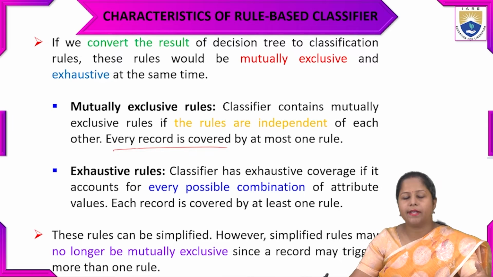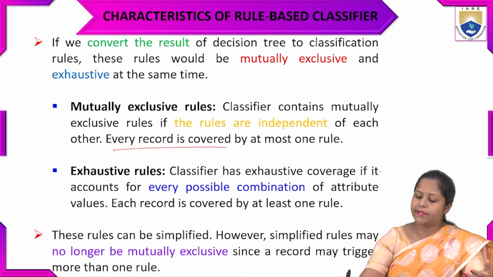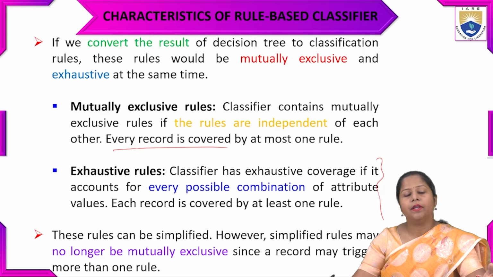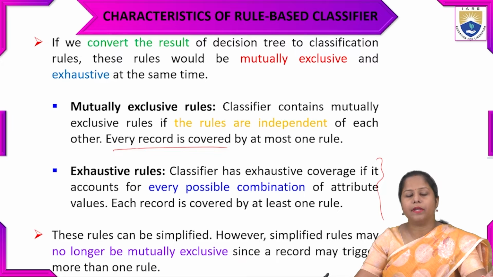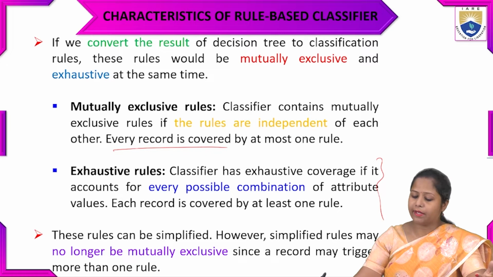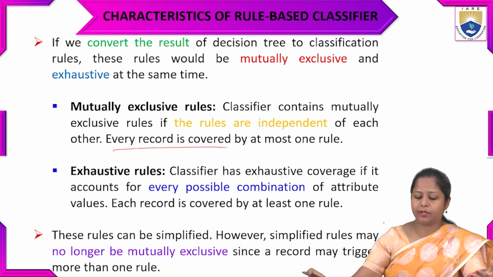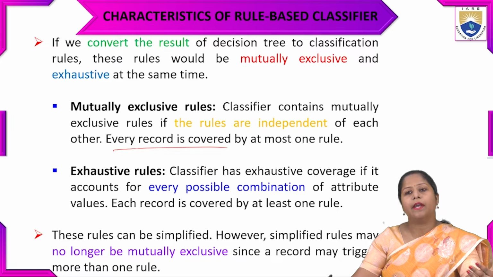What is a mutually exhaustive rule? The classifier has exhaustive coverage if it accounts for every possible combination of attribute values.